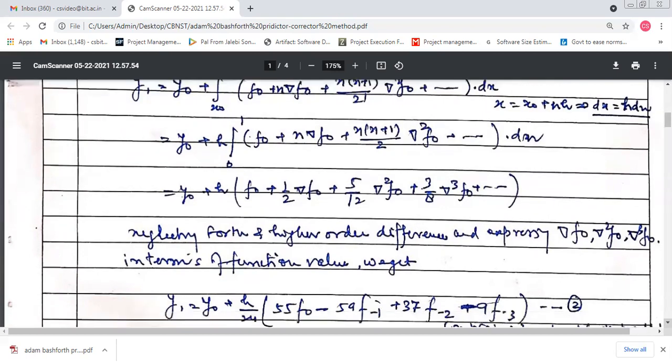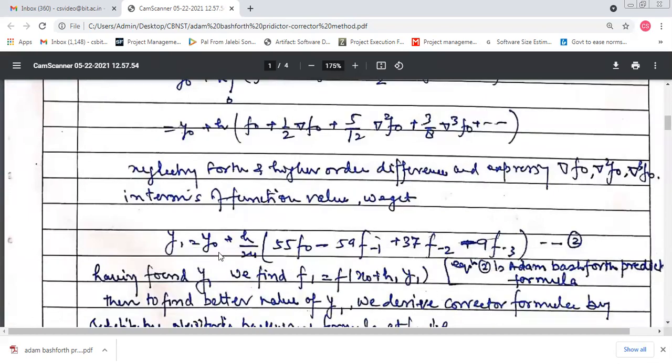Calculating it, we get the formula y1 is equal to y0 plus h upon 24 times 55 f0 minus 59 f minus 1 plus 37 f minus 2 minus 9 f minus 3.